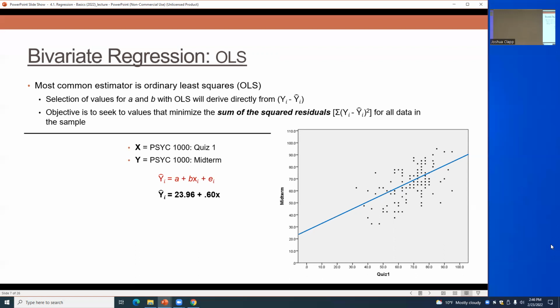But let's say, Allie, if someone's quiz 1 score was to increase from a 65 to a 66, how much of an increase would I expect to see in their midterm score? Okay, do you have the slides?